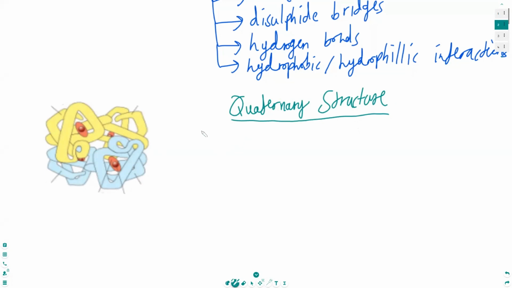Quaternary structure involves more than one polypeptide chain. These are more than one polypeptide chains that are joined together by various interactions, and they often have extra bits added on.